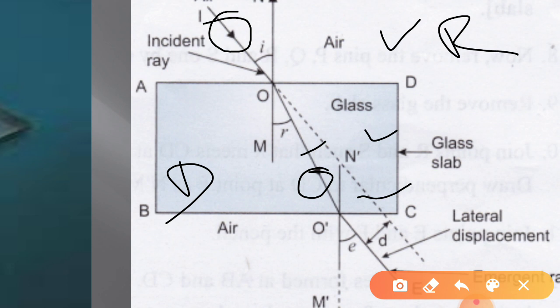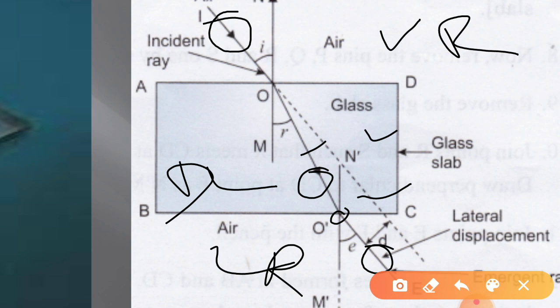Now again here at O dash, the ray of light suffers a change in medium. It is passing from denser to rarer, that is from glass to air, denser to rarer medium. So it bends away from the normal. The ray of light coming out from the glass slab is known as the emergent ray.